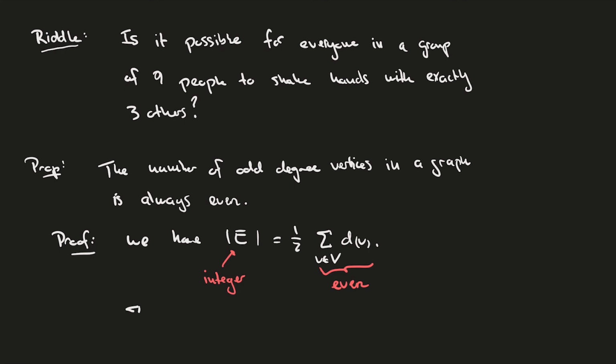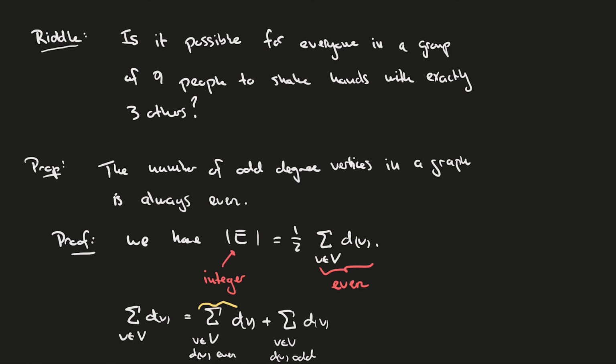We can split the sum over all the degrees into the sum over those degrees that are even and those that are odd. Now this first quantity here will always be even, since summing over even numbers always gives back an even number.